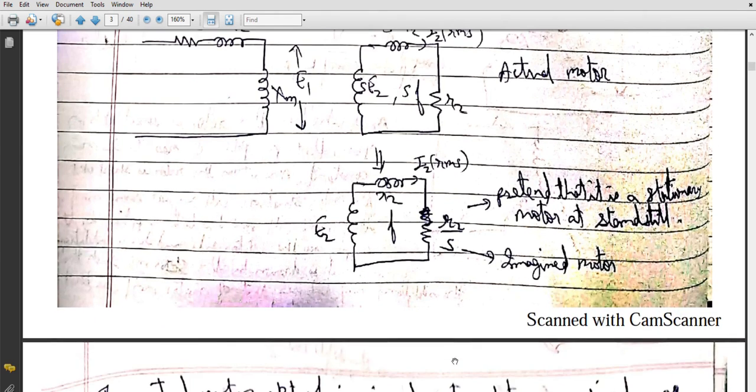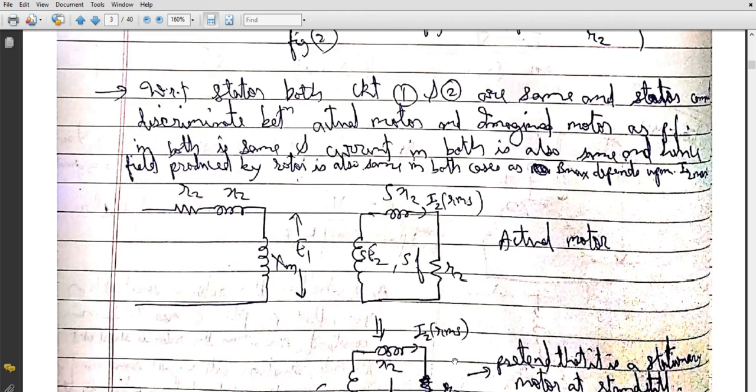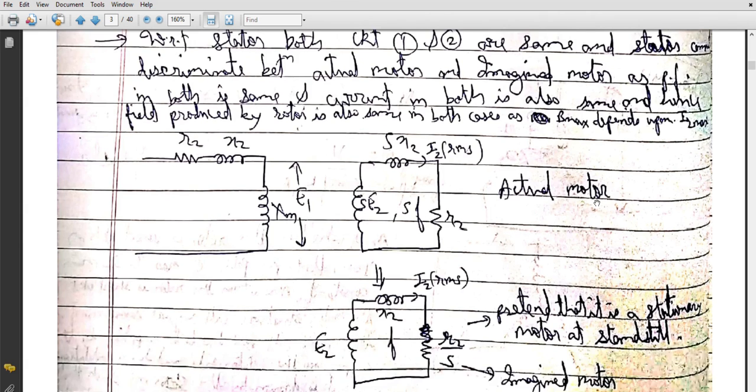With respect to the stator, both circuit 1 and circuit 2 are the same, and the stator cannot discriminate between the actual motor and the imagined motor, as the power factor in both is the same and the current in both is also the same. Hence the field produced by the rotor is also the same in both cases, as B max, the field intensity, depends upon I2 max. So if the current is the same, then the field produced will obviously be the same.